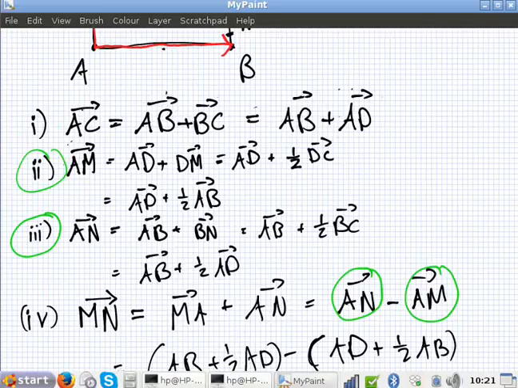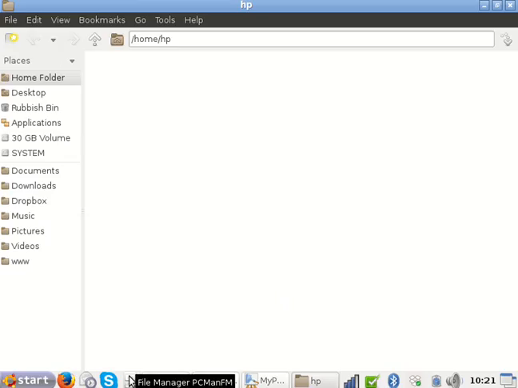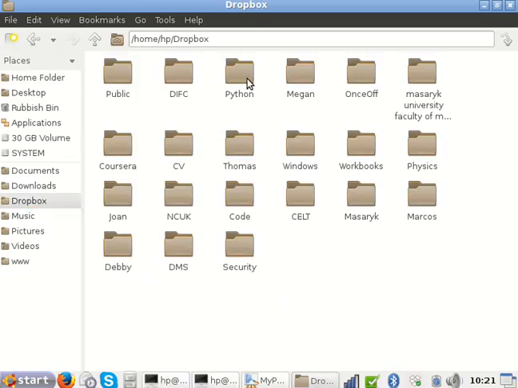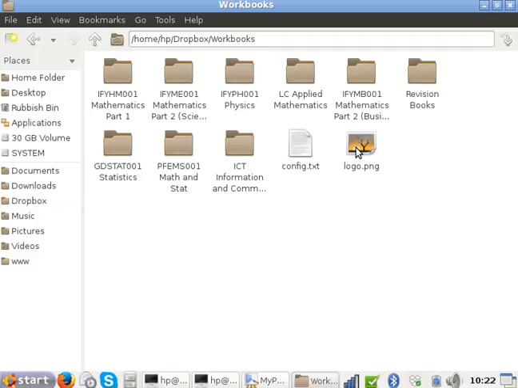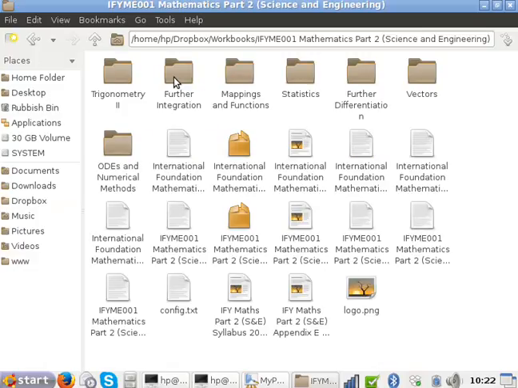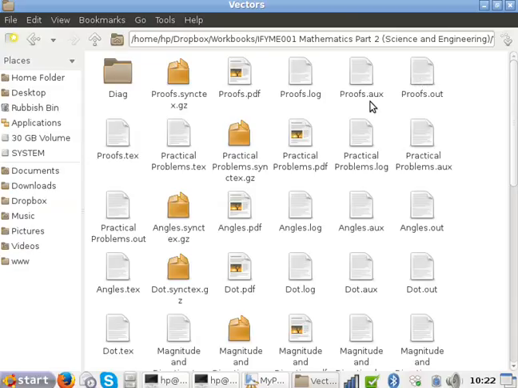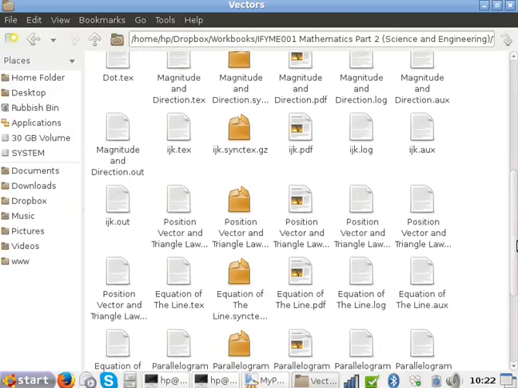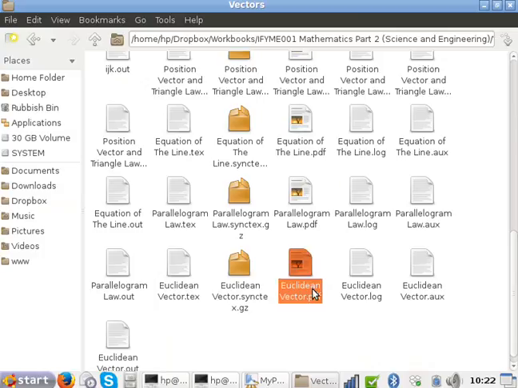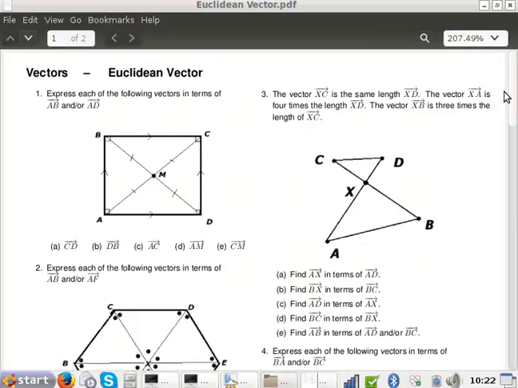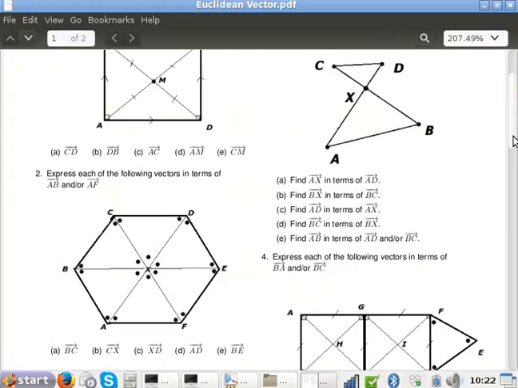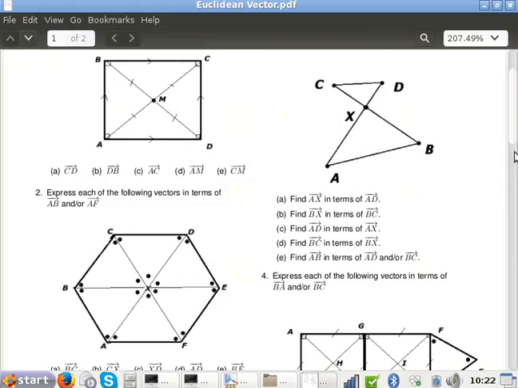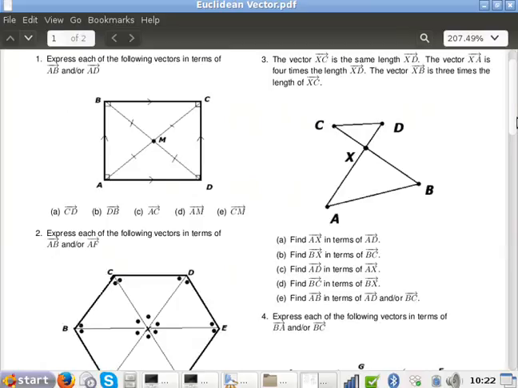I might have made some changes to some of the pictures. Let me just check. What's wrong? You can ask me questions, don't be shy. Science and engineering, vectors, Euclid. How many questions do you have there? 4, is it? Okay, I just want to make sure, because I think there were some problems with the questions or the answers.